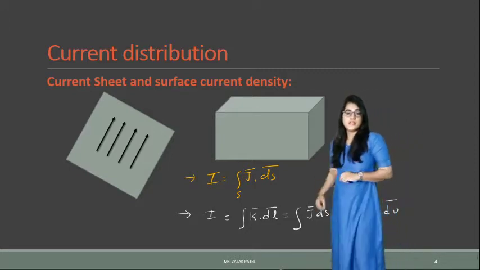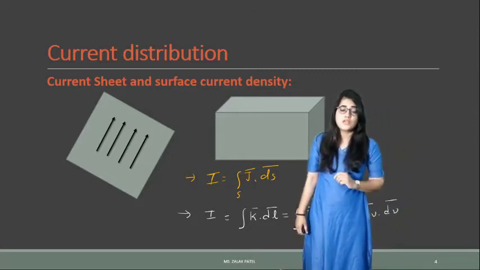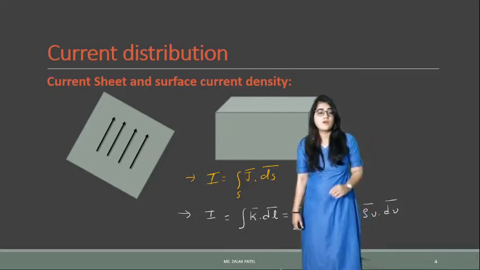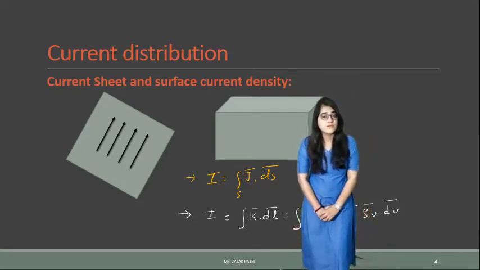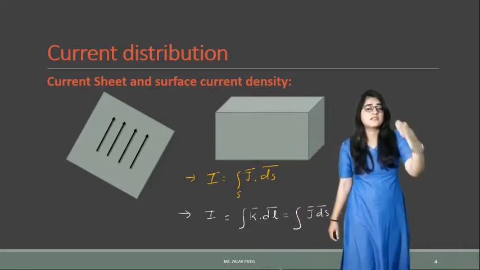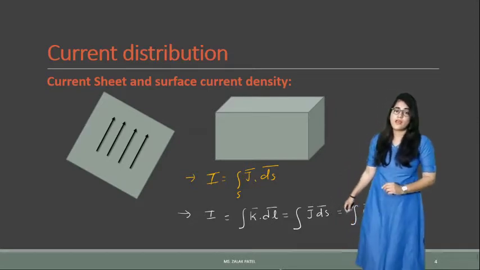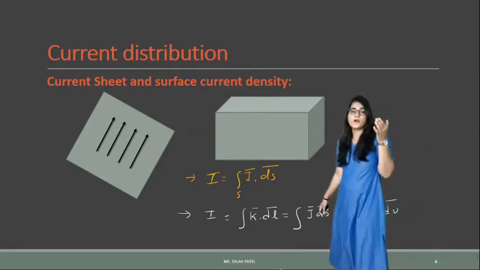In the same way, surface density means per unit area, and for current it is surface current per unit area, with unit ampere per meter square.